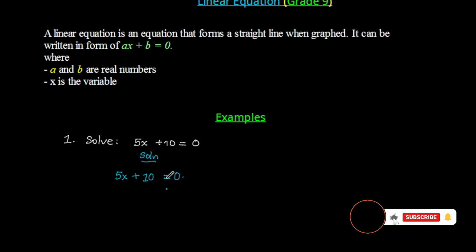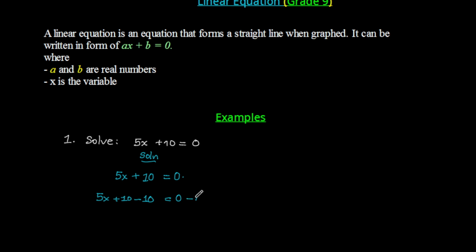To maintain the equal sign in a straight line, we have 5x plus 10 minus 10 equals 0, and we also subtract 10 from the right side.